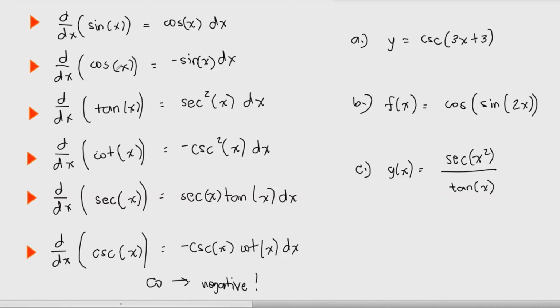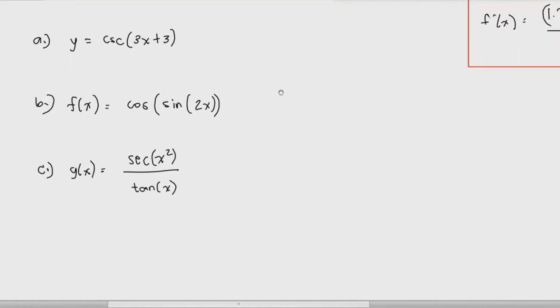Since it has a co-term, the derivative would have a negative. Same goes for cotangent. It has a co, so the derivative would be negative cosecant. And for cosecant, it has a co, so the derivative would be negative. Okay, that's all you need to memorize, and then let's solve these problems that we have.